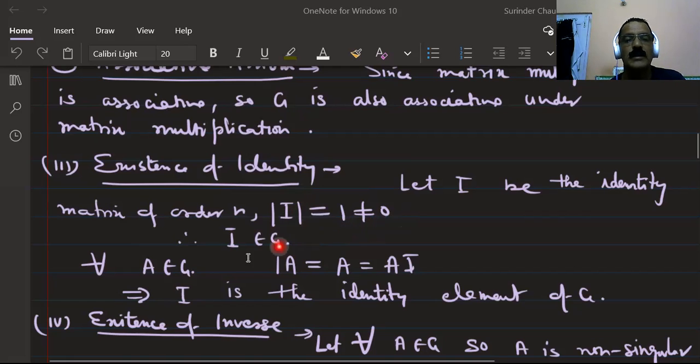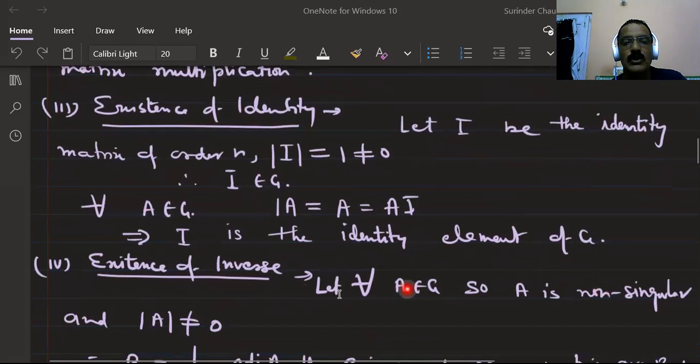This implies therefore I belongs to G. Now for all A, if you take any matrix in G, I into A is matrix A itself. So I into A is equal to A into I is equal to A.